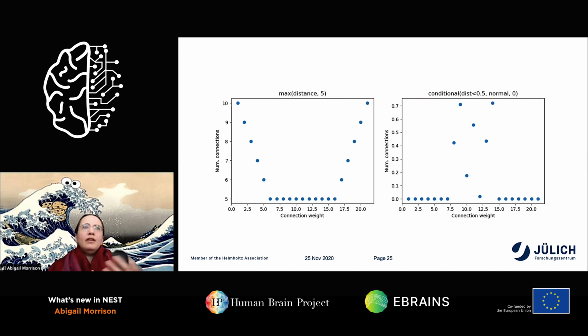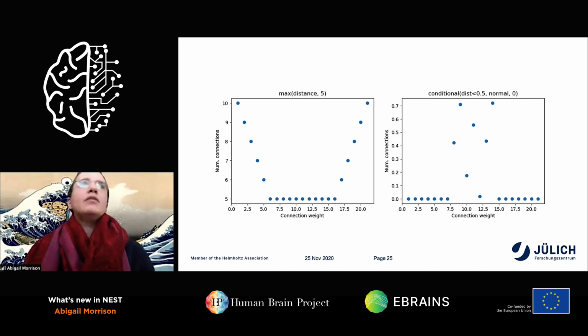For example, here we have that the connection weights should either be rather small or rather large, but only for that. We only have a small number of connections for a particular band of connection weights.